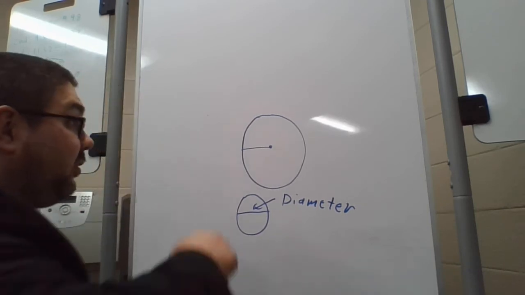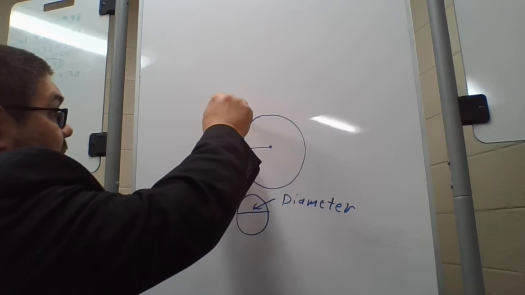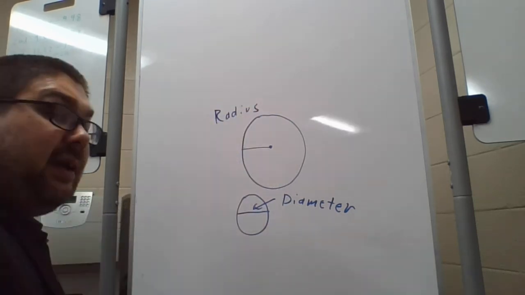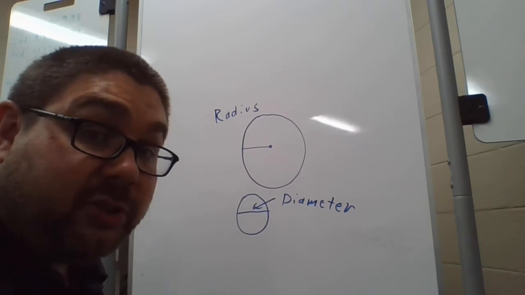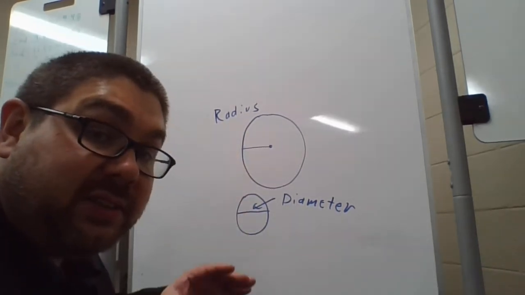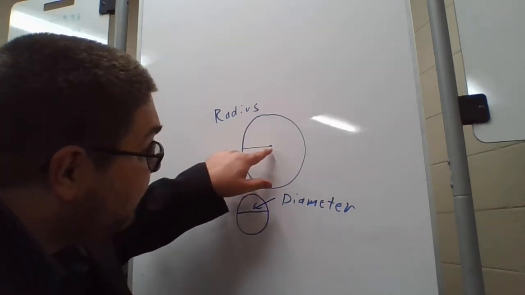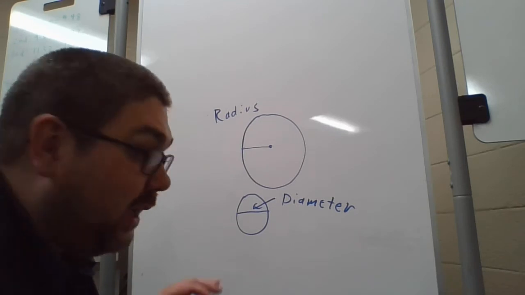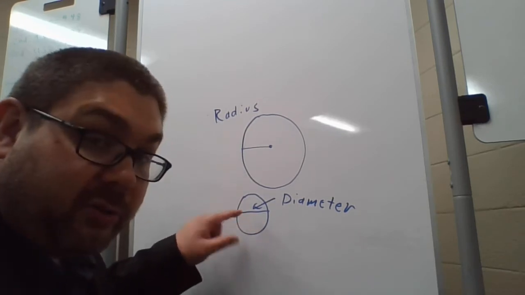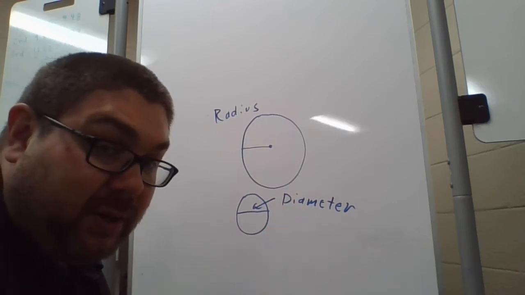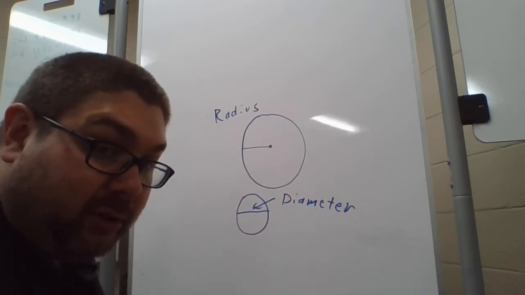That is a radius. A radius goes from the middle of the circle to the edge of the circle. If it goes all the way through the circle, from one side to the other, through the middle, it is a diameter.